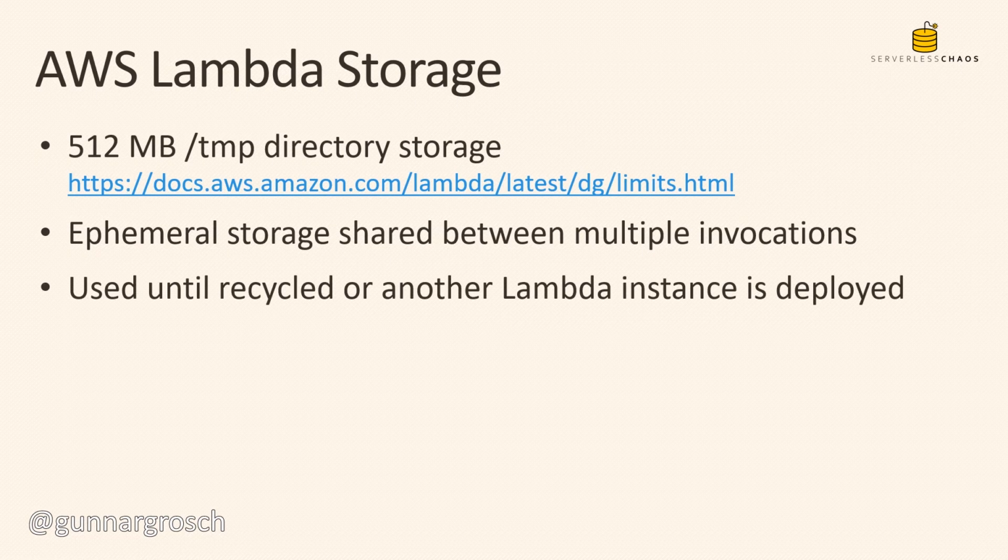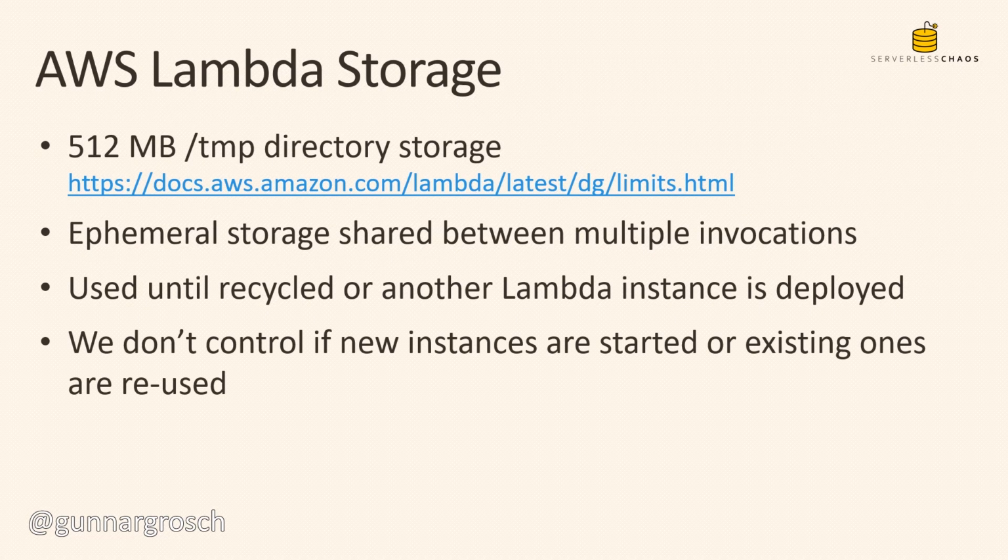And the same storage is used until the Lambda instance is recycled, or perhaps if load makes it needed to create a new Lambda instance, so a new one is deployed. And we as a user don't control when a new instance is started or when existing ones are being reused. This is done entirely by AWS in this case.